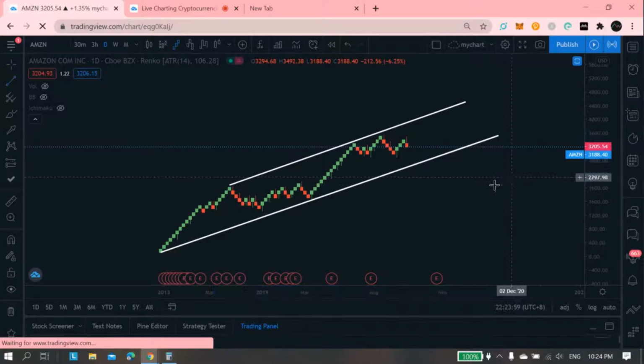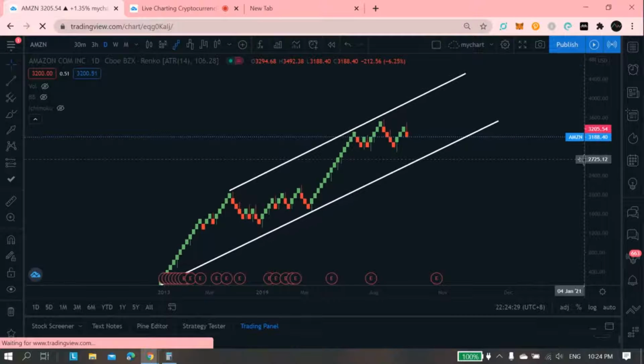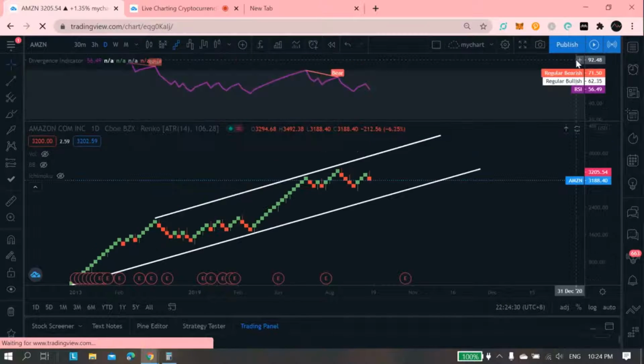Yeah, because at this area, it seems like this is a 50-50 for me, or a 1:1 risk reward ratio, if I use this one and this one. But if I use the Renko chart, maybe it depends on the target and the cut loss or stop loss area.